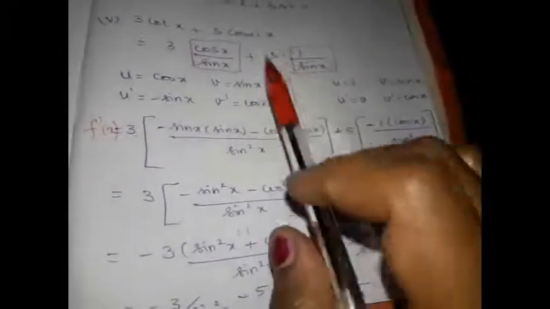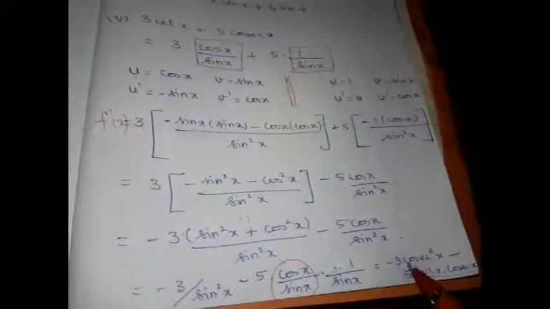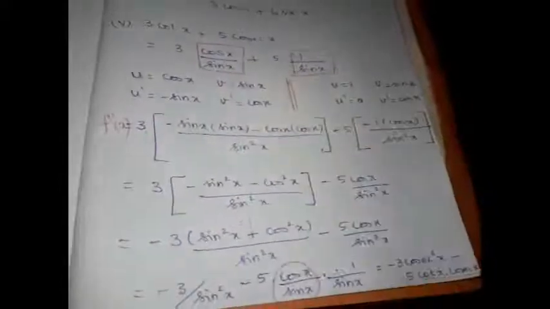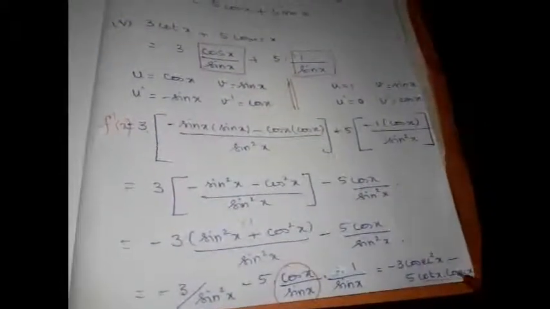From this indirectly we have seen the differentiation of cosec x is minus cosec x cot x. The differentiation of cot x is minus cosecant square x. Similarly, the differentiation of cosecant x is minus cot x cosec x, right?